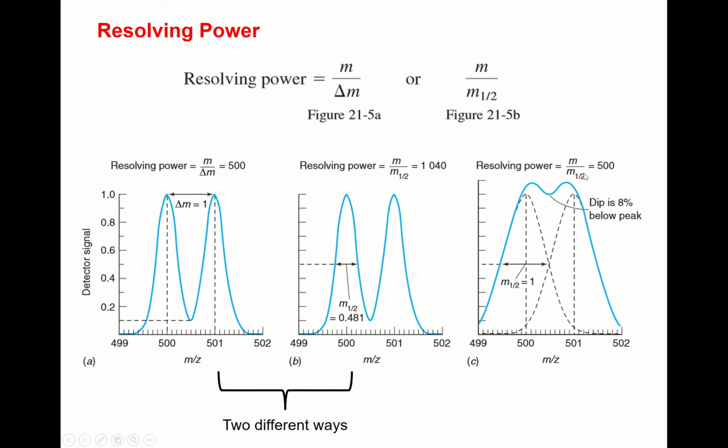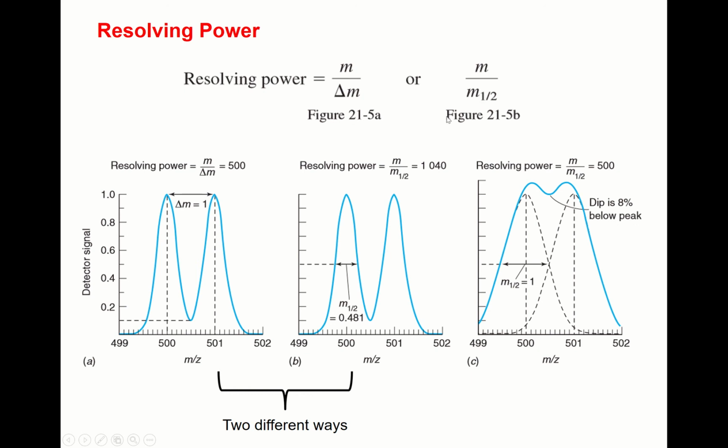So with this definition, you have a resolving power of 500. This 500 and the other are the same, but one is poorly defined and the other has well-defined peaks. The difference is because you use different resolving power definitions.